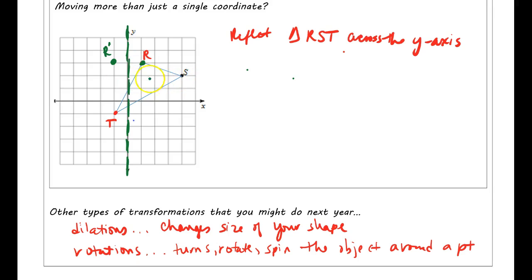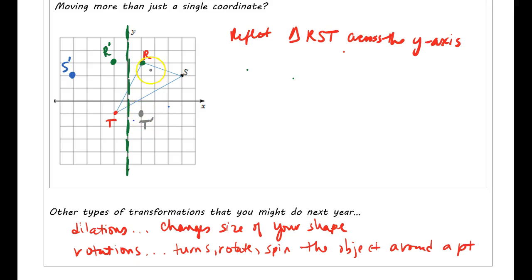Okay, let's do S. S is 1, 2, 3, 4 away, so I need to go 1, 2, 3, 4 away across the y-axis, and I'm going to label that with my new S. And then my T is right here, and it's 1 away on the left, so now I need to go 1 away on the right. It'll flip to this side, and it'll be my T prime.